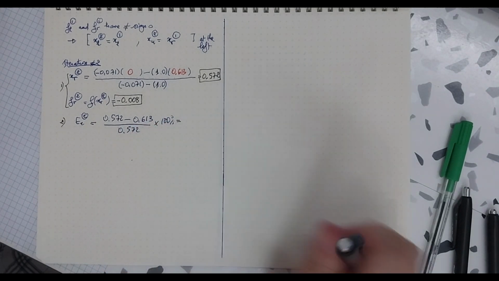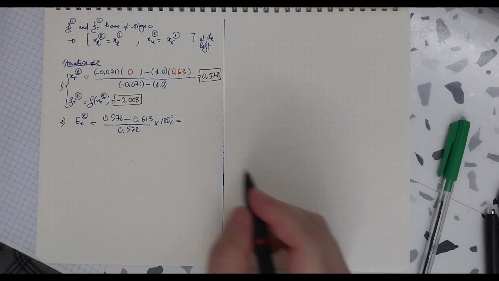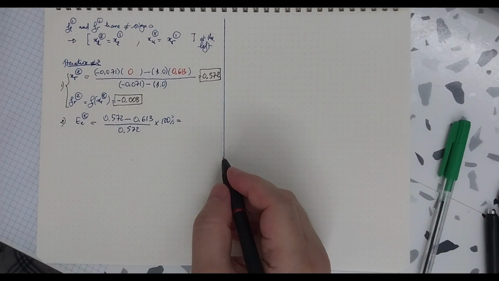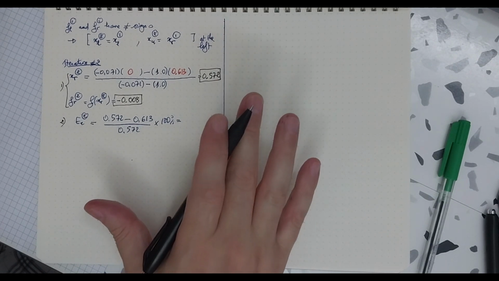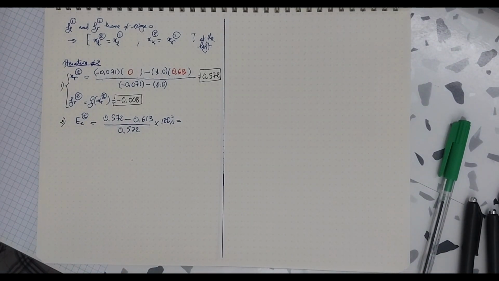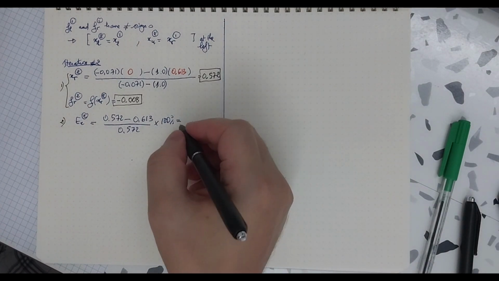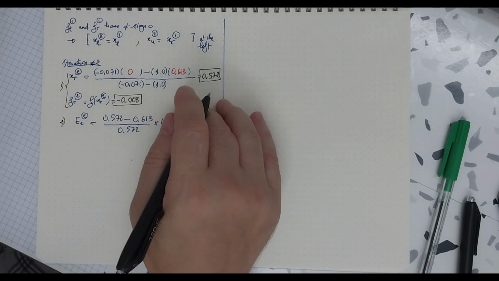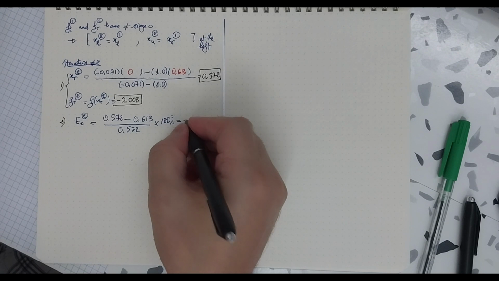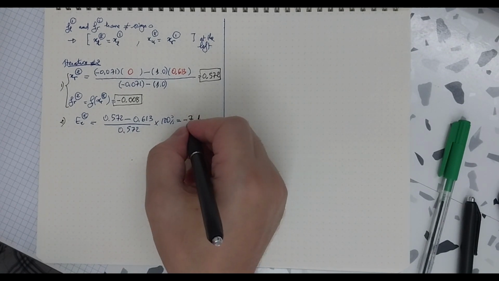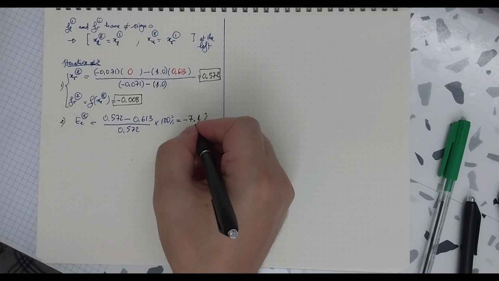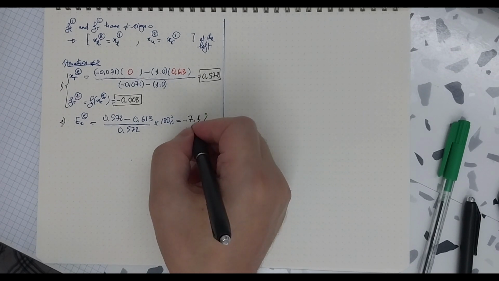And I find the value. I go slowly because this is the first time we do this method. So try at least to work with me. You can also stop the video if you want and come back and check the result. Minus 7.1%. Here I use only one value after the dot.